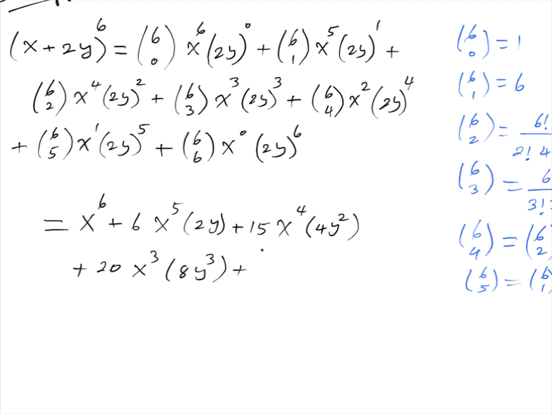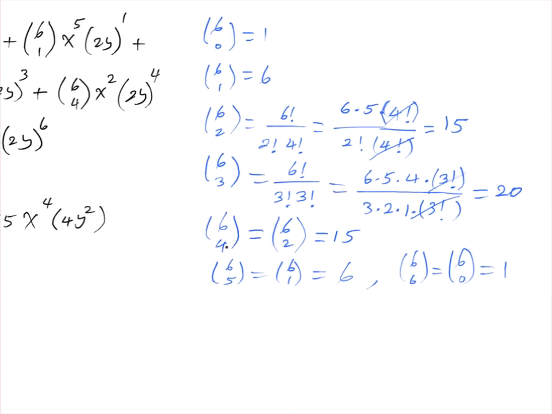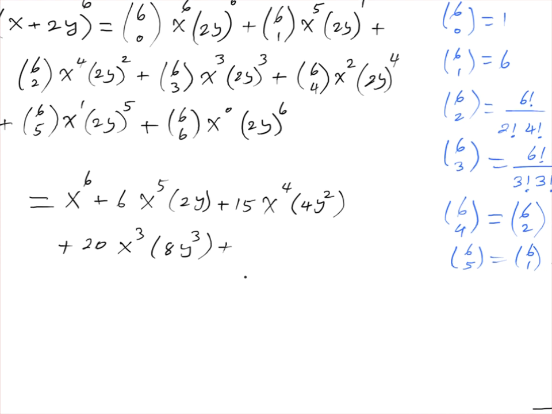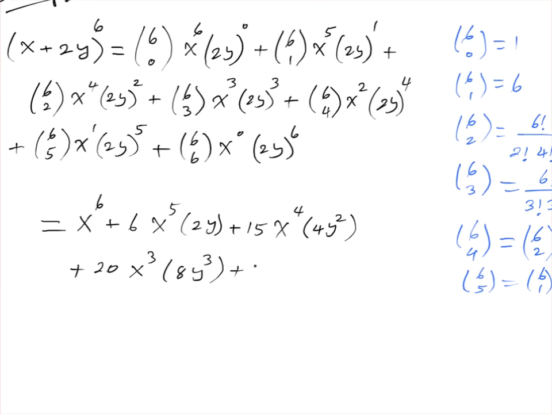That's the same as 6 choose 2, which is 15. We have it here, 15. So that's 15 times x squared times 2y raised to the fourth power. 2 to the fourth power is 16 times y to the fourth.